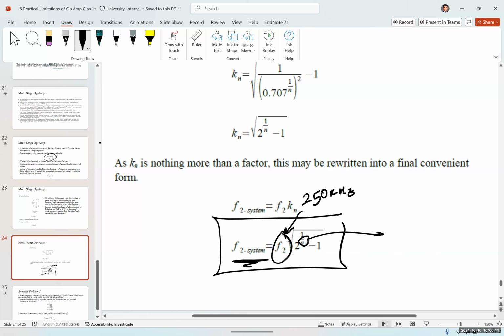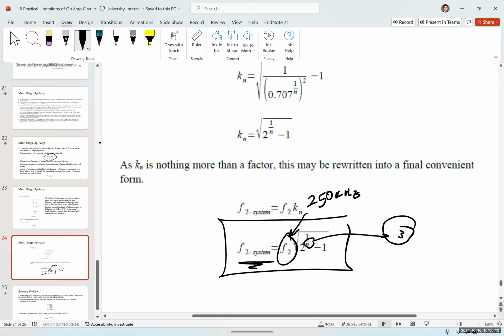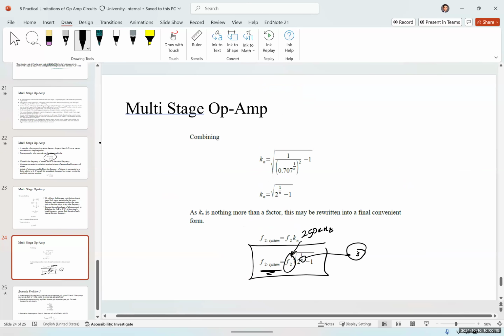So in that particular example, n was 3. So instead of just picking one of those upper cutoff frequencies, we must use this equation for the upper cutoff frequency of the whole system. The upper cutoff frequency for the system is going to be the upper cutoff frequency of one of the stages times square root of 2 to the power of 1 over n, minus 1.